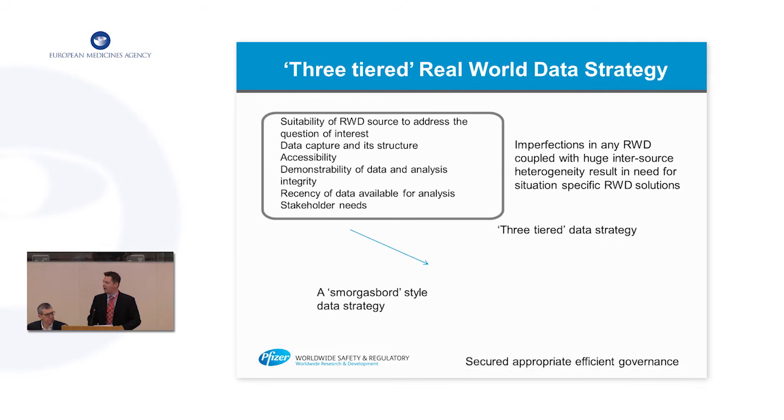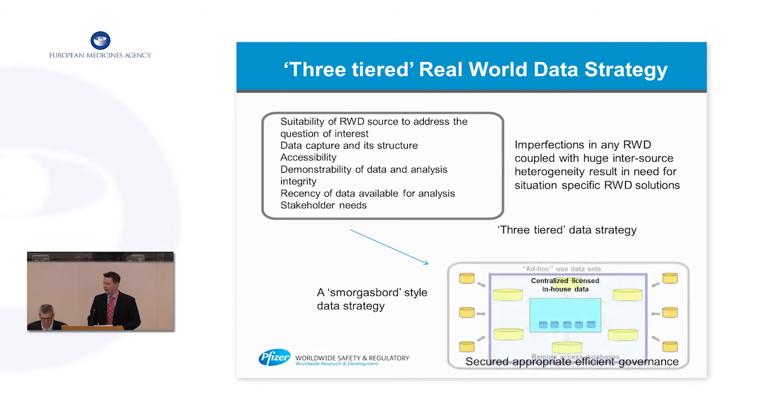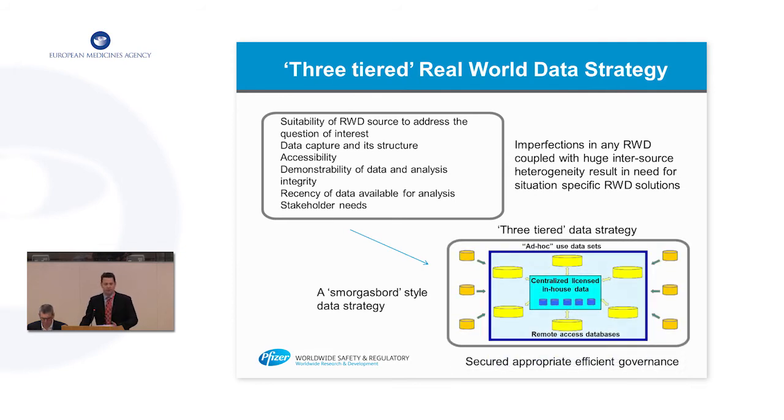We have our in-house databases that we use extensively, sometimes with common data model based systems for rapid analysis, other times based on programming the raw data, distributed networks that we can access, and databases that we can access but can't bring in-house, and then lastly, one-off type analyses.